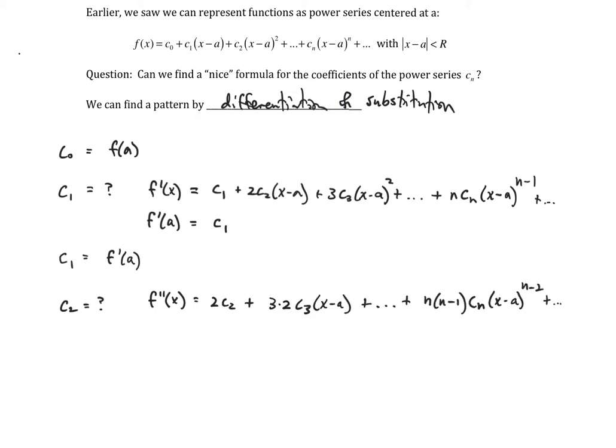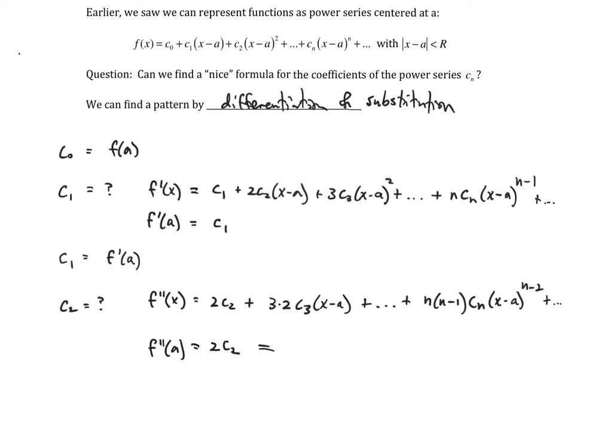Okay, so again, we can see if I substitute in an a for x, every term except for the first term of the second derivative is going to go to 0. So if I do f double prime of a, that's going to give me 2C2.